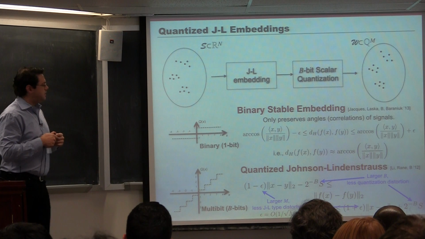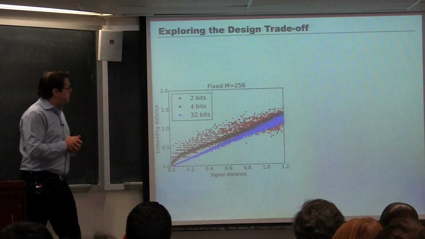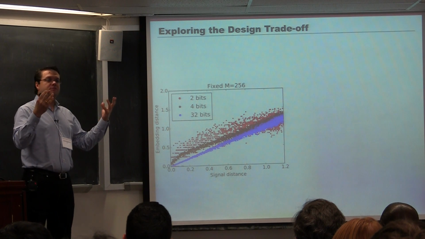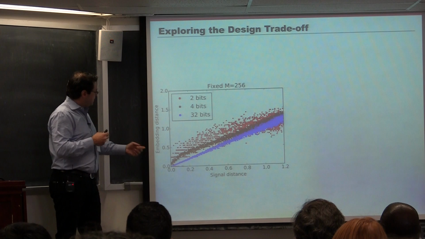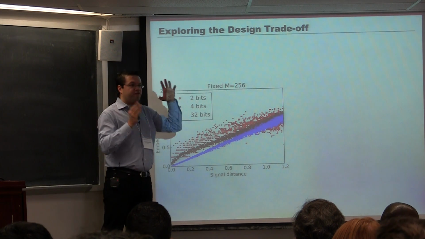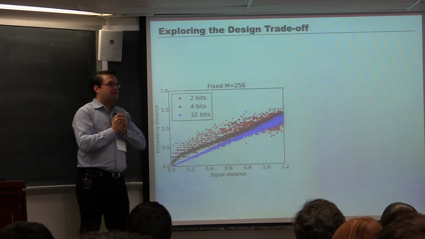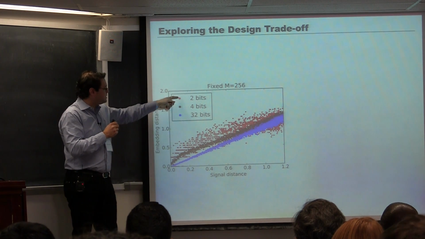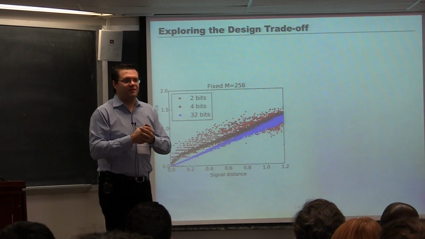And we can see that in practice if we run some experiments. This is an experiment where I'm randomly drawing signals at different distances, embedding them, and then computing their distance. So this is at a fixed dimension. I'm projecting them to a fixed dimension, not a fixed rate. And then I'm quantizing to 2 bits, 4 bits, and 32 bits. 32 bits, you can essentially think of as unquantized, right?